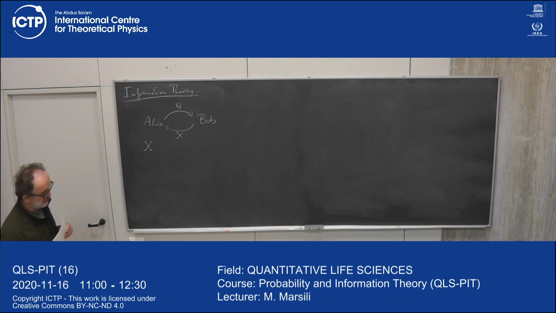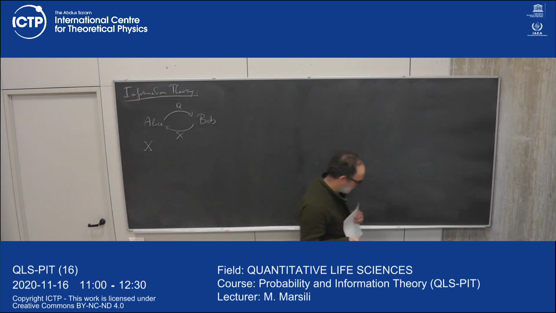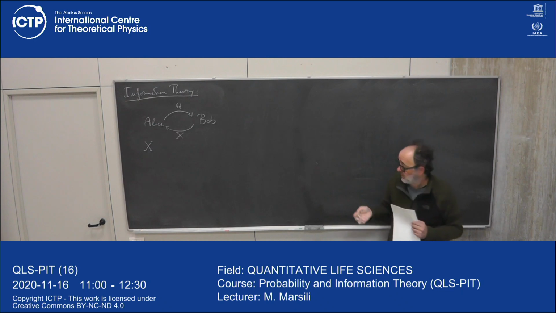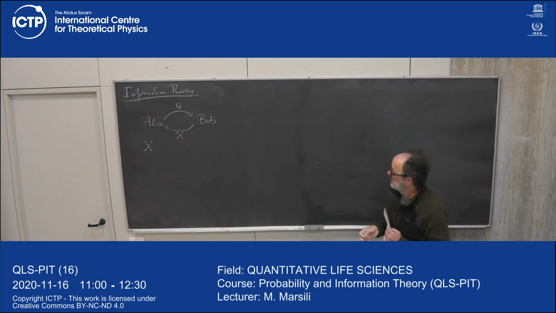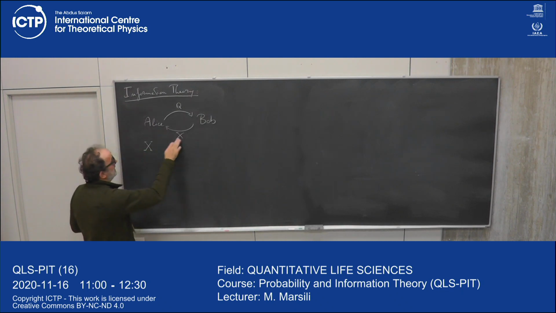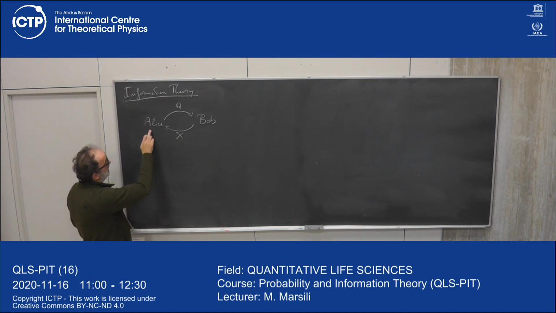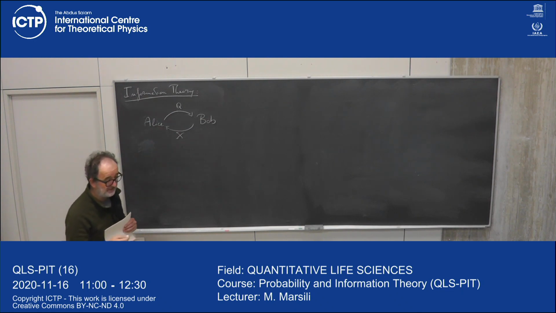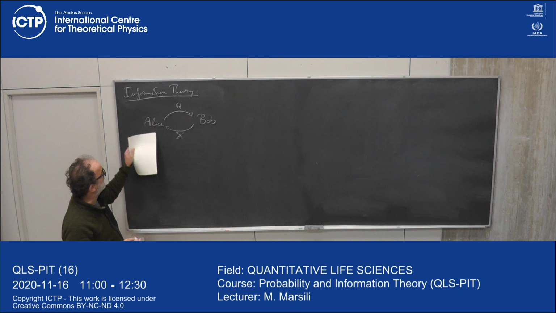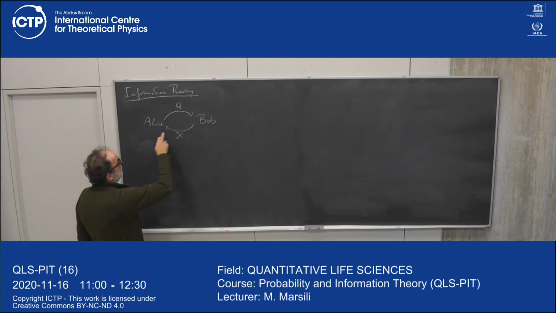One operational way to define how much information is contained in the answer of Bob, which is essentially also a measure of the uncertainty of Alice about x, is the following.